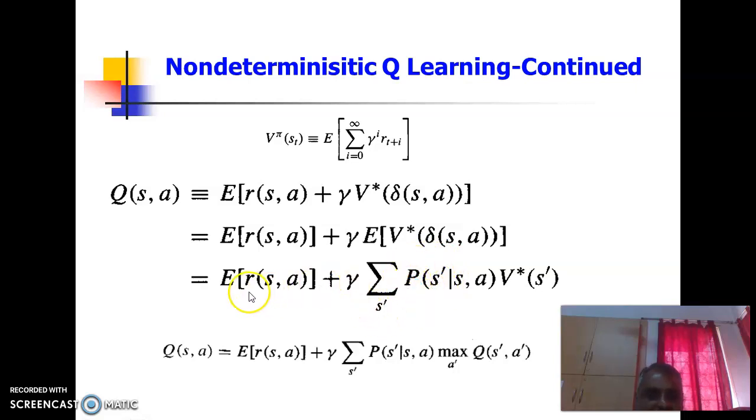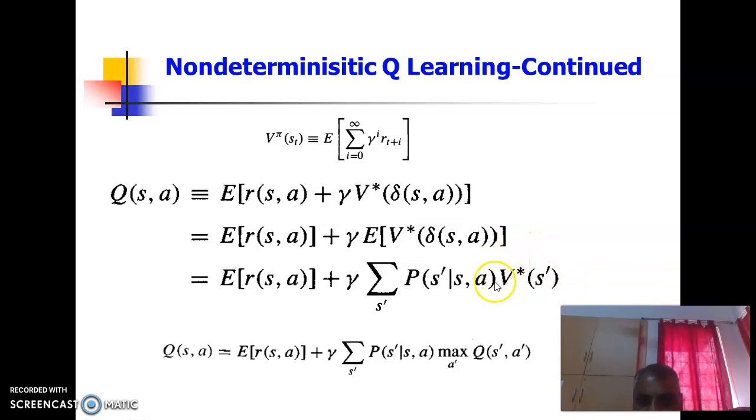So we write it as E of r of s comma a plus gamma into summation over s dash, P of s dash given s comma a, into the sample value V star of s dash.